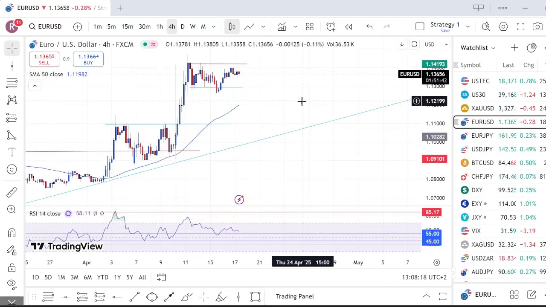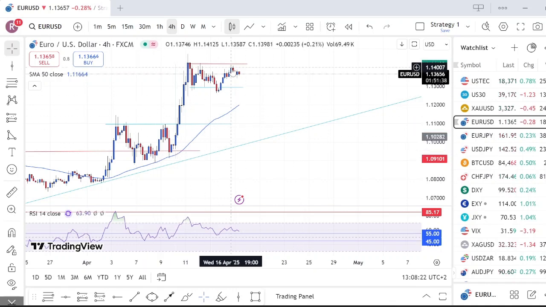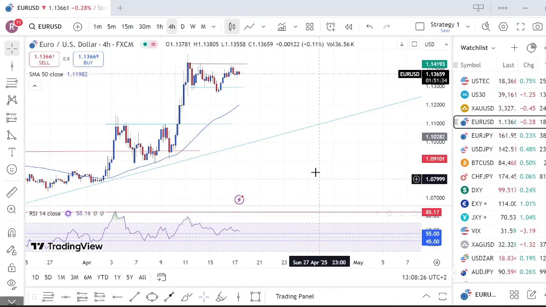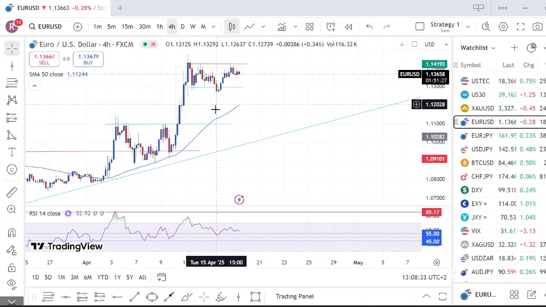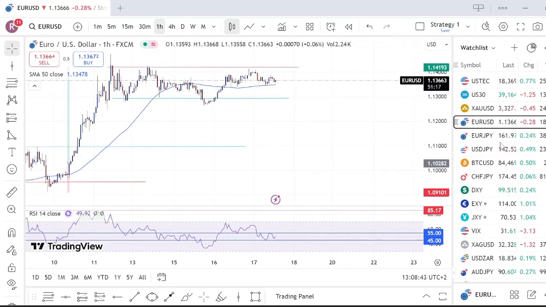Per the indicators, we can see we're on a bullish trend. Market's comfortably traveling above the 50 SMA with price in that bullish zone of the RSI. Not necessarily in the sweet spot, but very close. I would be looking at the 4-hour chart for when we hit the sweet spot, and then using the 1-hour chart for potential entry opportunities, which we do not have just yet.